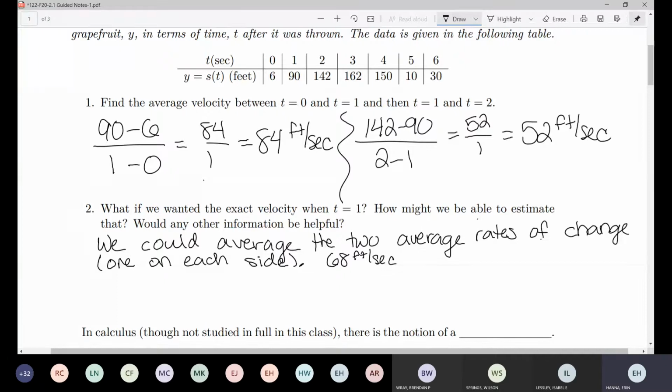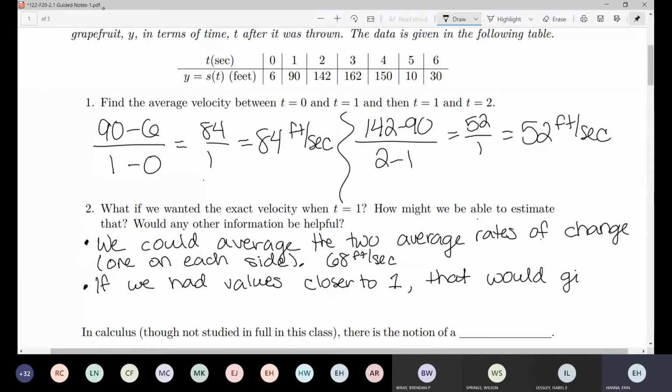If we had some more information, if we had values closer to 1, that would give us a better approximation. The screen is lagging badly, so I have to keep looking and slow down when it's not catching up to me.